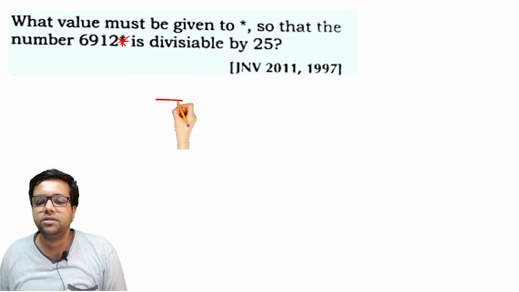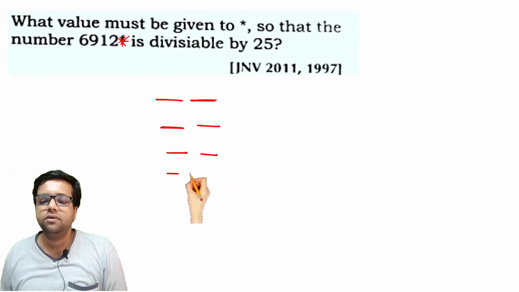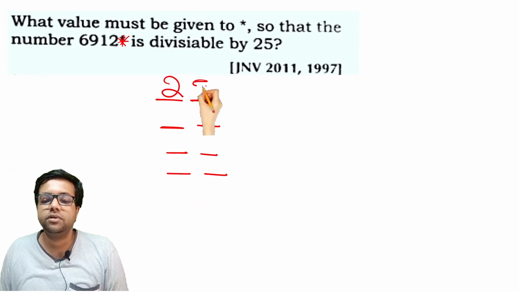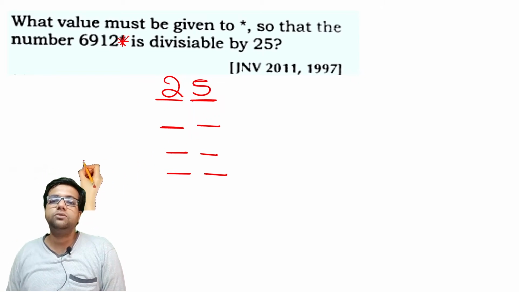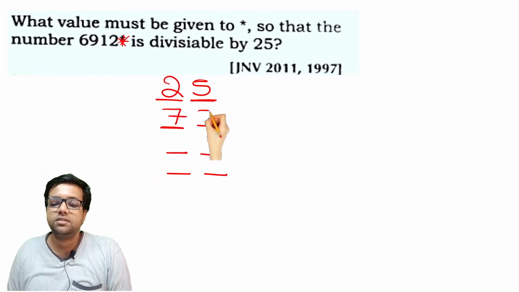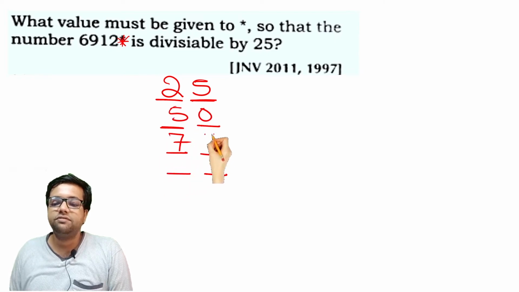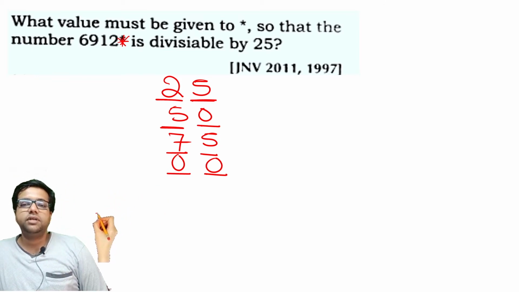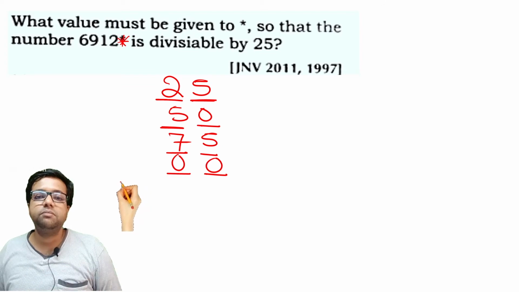The last two digits should always end with 4 combinations: either 25, or 50, or 75, or 00. So these are the 4 criteria on which the number will be divisible by 25.